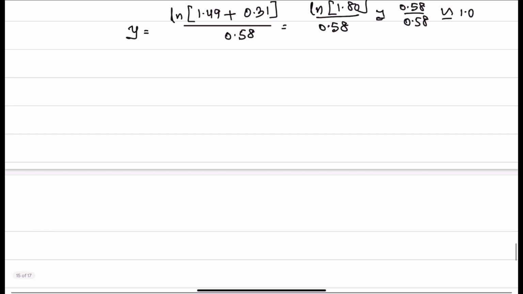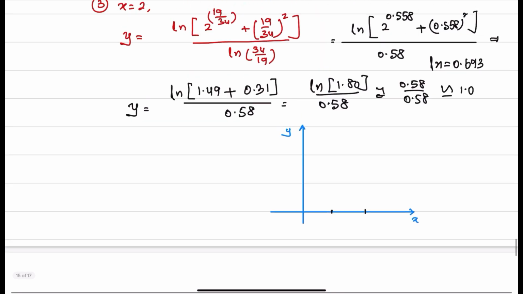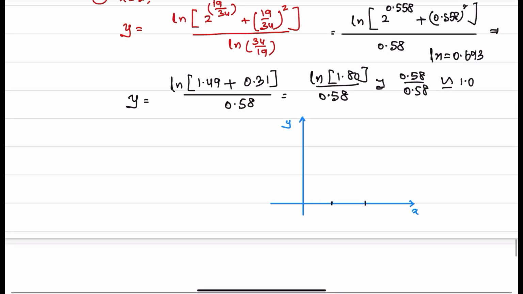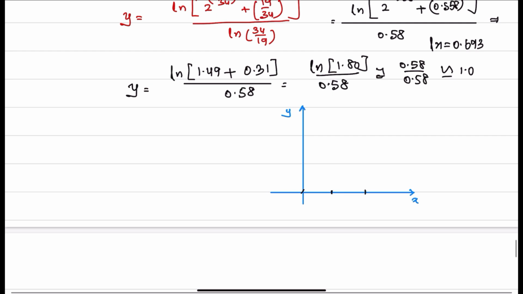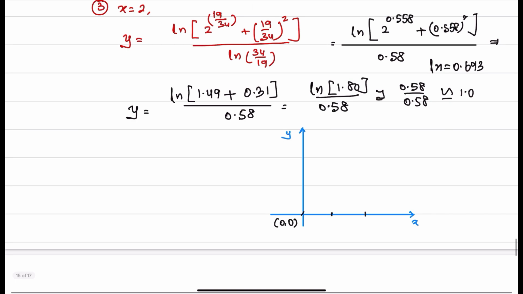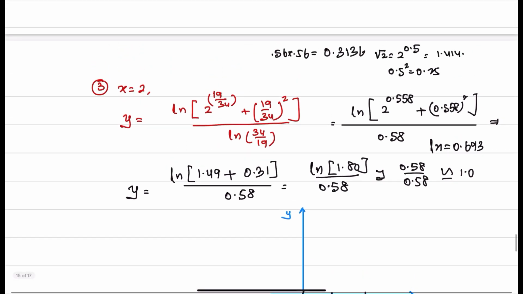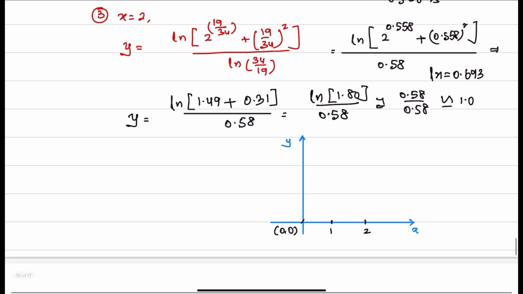Now let us try to draw. We have at least 3 points with us. Draw the curve. This is x, this is y, and this is 1, this is 2. One point is at x is equal to 0, this is 0, 0. This one at 1, we have got y as 0.76.